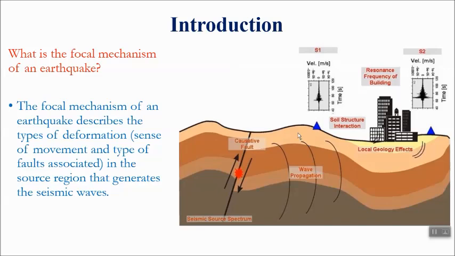The focal mechanism gives the mechanism which led to the formation of this earthquake. So what is this mechanism? This is the displacement of the rocks along the causative fault in the source region. From the focal mechanism we will get to know what kind of displacement has taken place, what the sense of movement is, and what the direction of the movement is, like what type of fault it is, a normal fault or a reverse fault, and what the strike of the fault was.